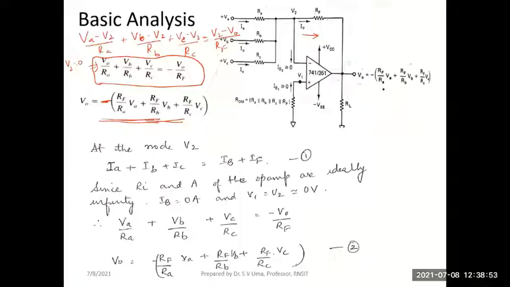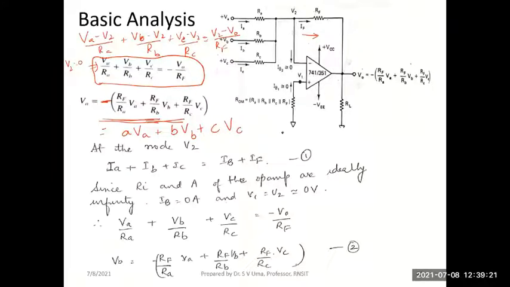under certain situations. Actually, at the present equation, what can I call this as? What is this circuit actually trying to do if you look at the present expression for output? It is just multiplying each of the input voltages with some constant values.